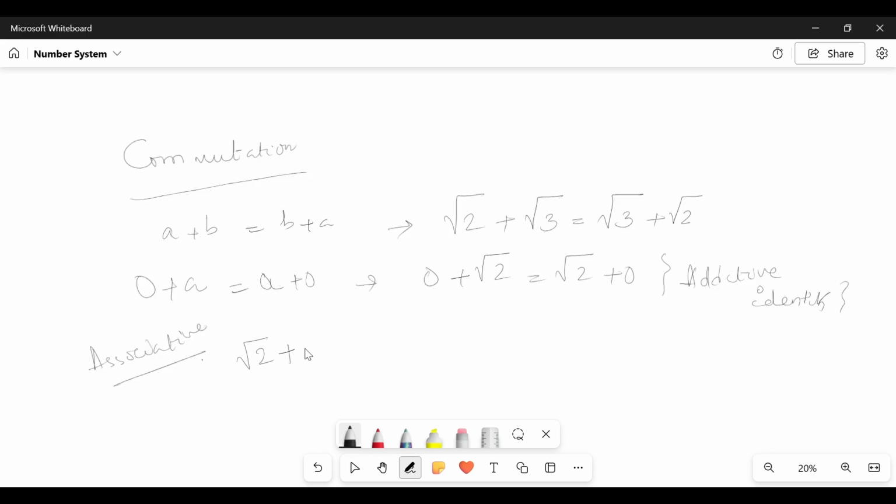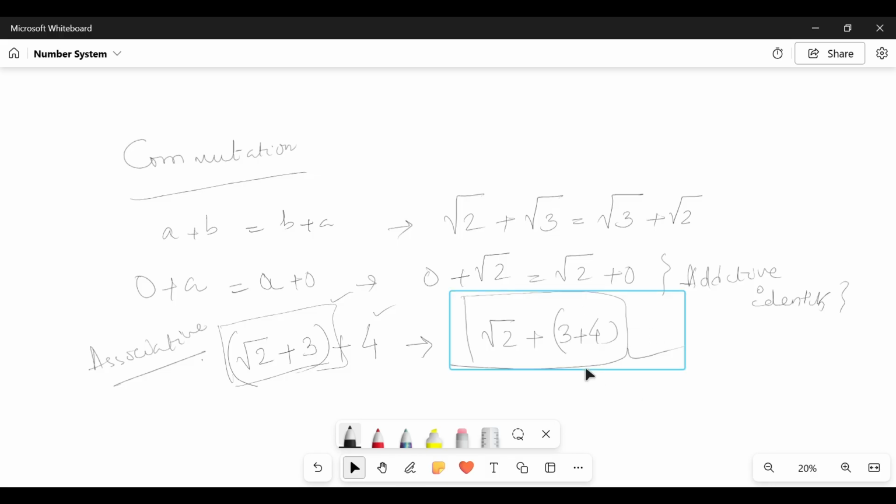So if we have square root of 3 plus square root of 2 plus 3 plus the number 4, this is the same as square root of 3 plus square root of 2 plus 3 plus the number 4 itself. So both of these when added together would give the same result, as we just saw on the RHS.